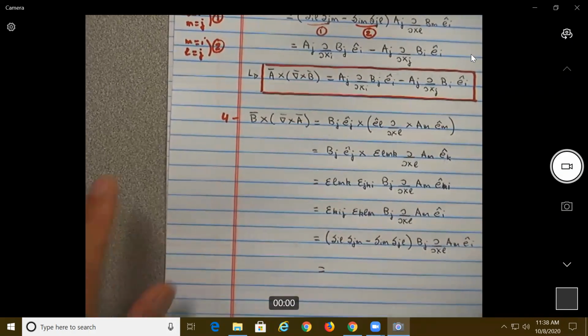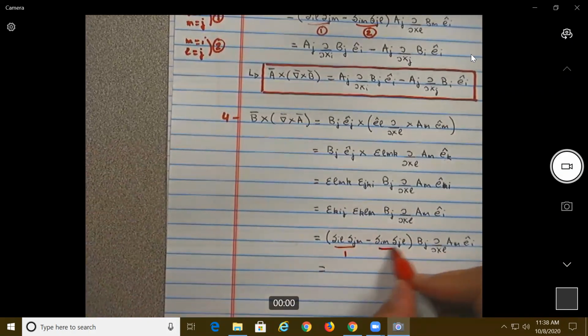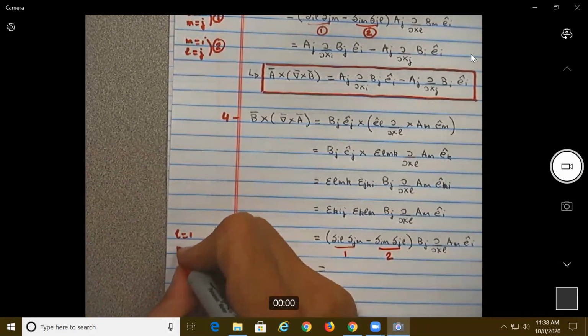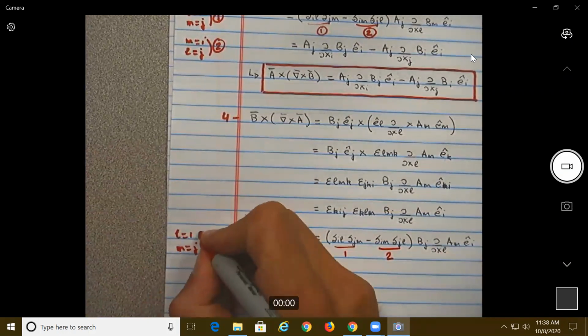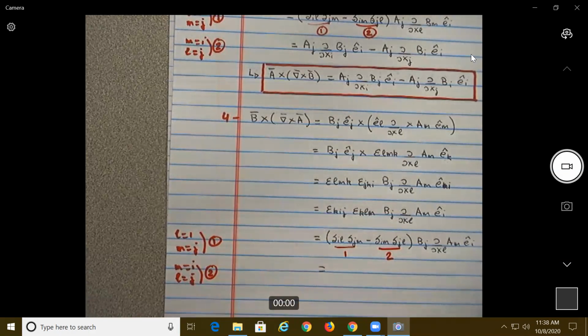So as before, can use exactly the same thing as before. This is 1, this is 2, L equal I, M equal J, first case, M equal I, L equal J, case 2.